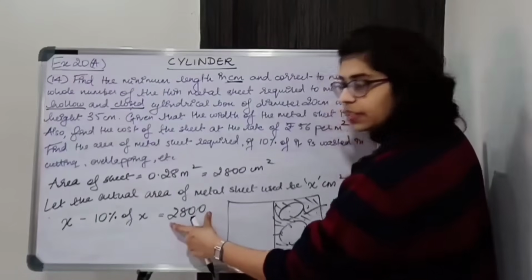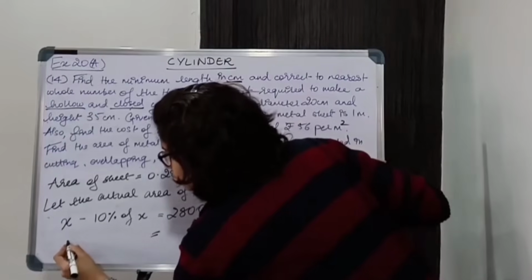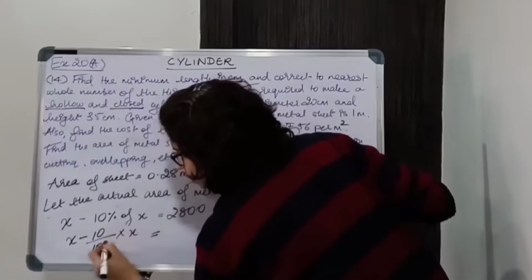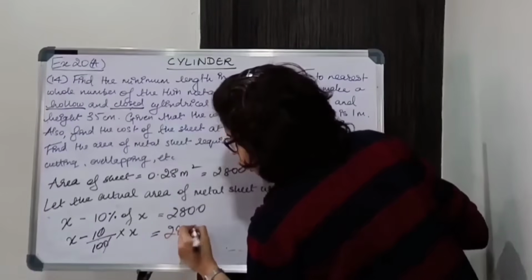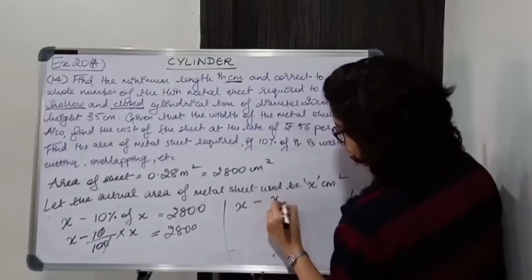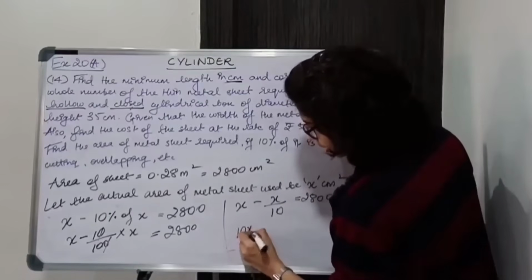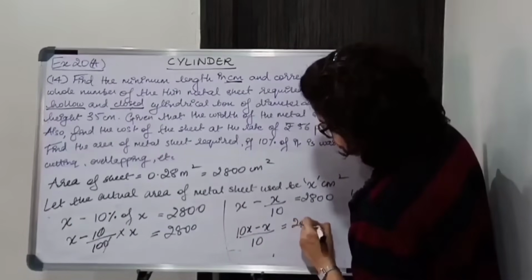So area of the cylinder is equal to this. x minus 10 upon 100 into x, so that is equal to 2800, which gives x minus x upon 10 is equal to 2800. I'll cross multiply, 10x minus x upon 10 is equal to 2800.